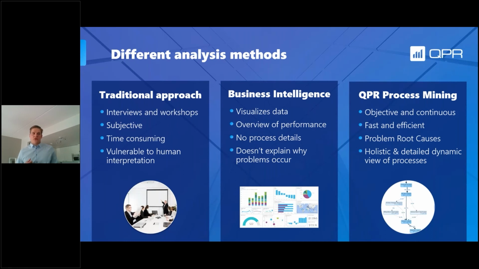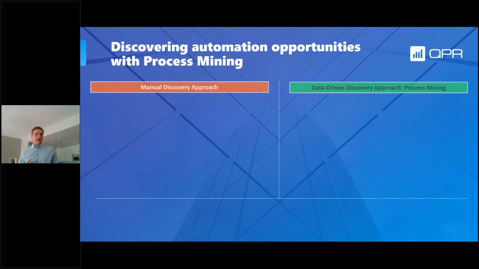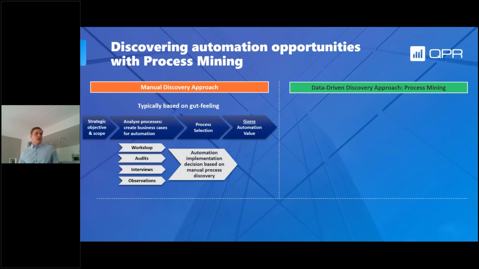Now I will demonstrate a little bit on how, for example, we can discover automation opportunities with a manual approach and with a process mining approach. So, first of all, you always want to have your automations use a strategic objective and scope.